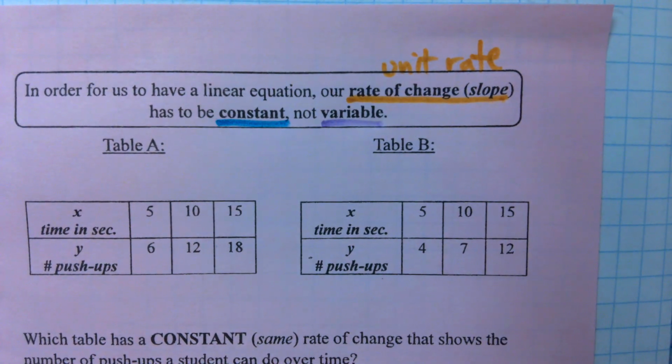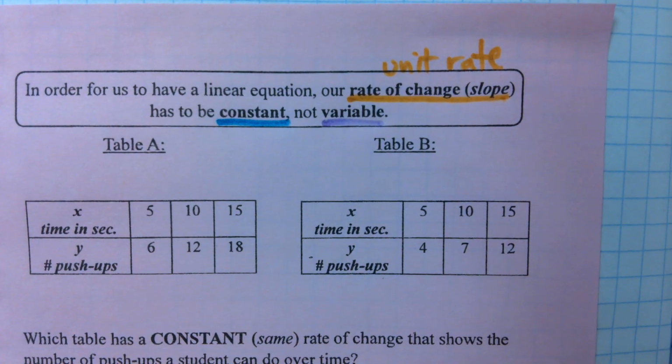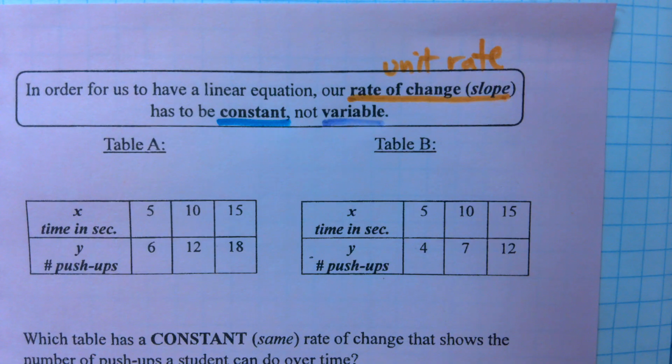What does variable mean? Well, if I have the variable x, and I asked you what is x equal to, what would your answer be? 1? It could be 1. Could it also be 2? Yeah. Could it also be 3? Yeah.